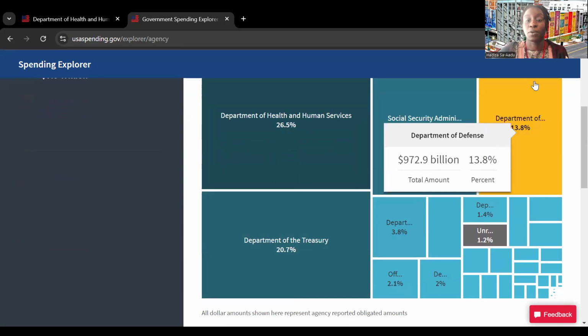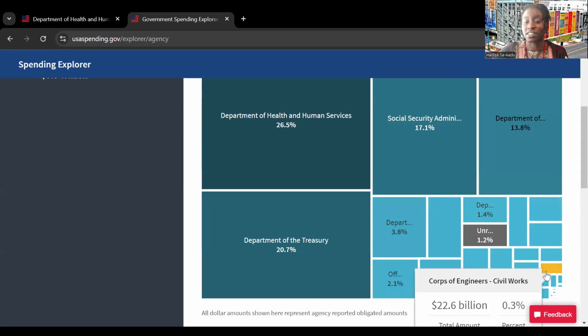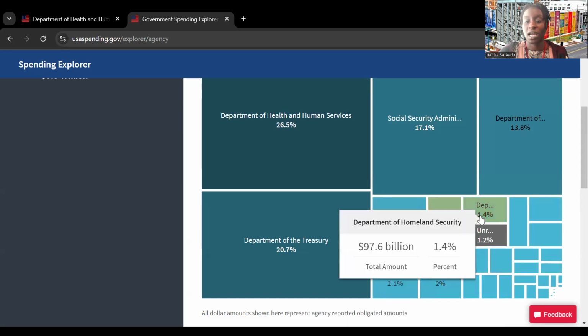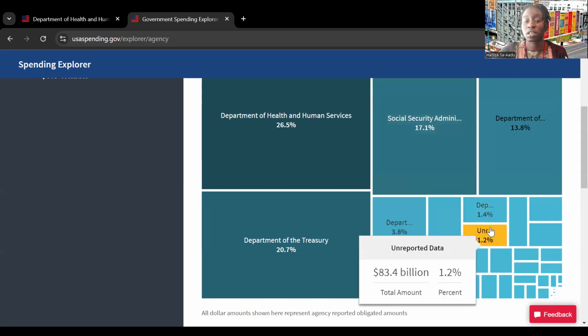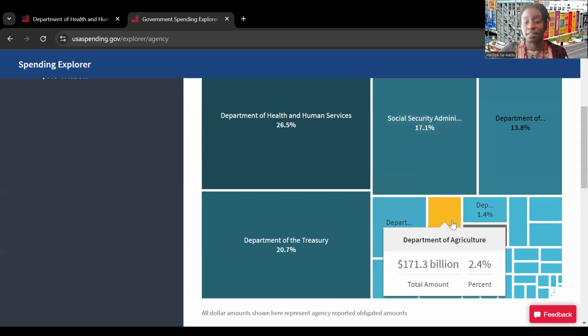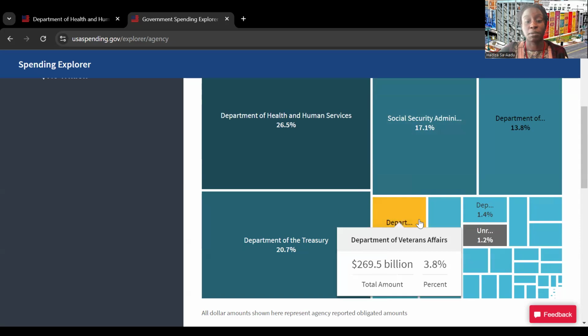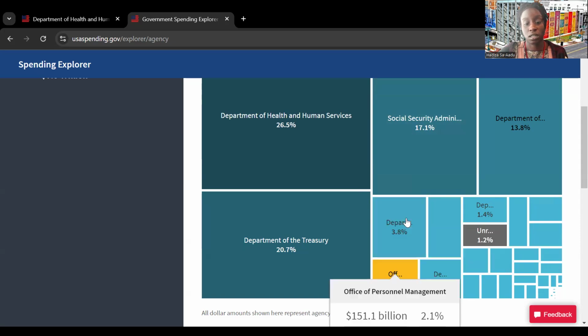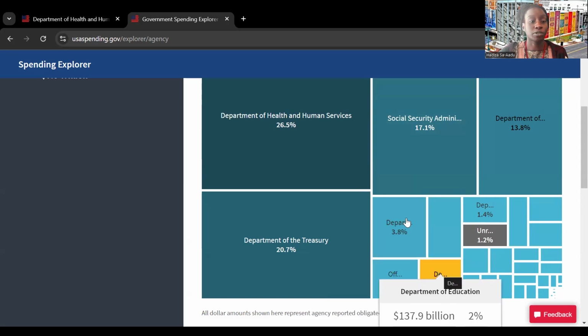And then we've got Department of Defense coming in close to $1 trillion. And then we've got the rest of the departments that are listed here that you can also explore. Got the Department of Homeland Security, unreported data, Department of Agriculture, Department of Veterans Affairs, Office of Personnel Management, Department of Education at 2% comparatively.